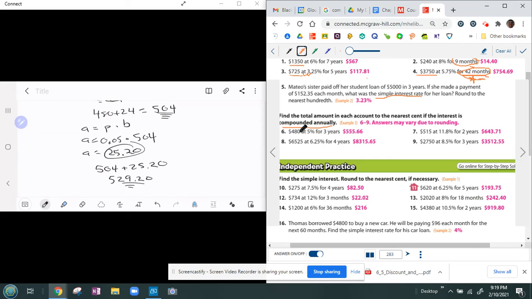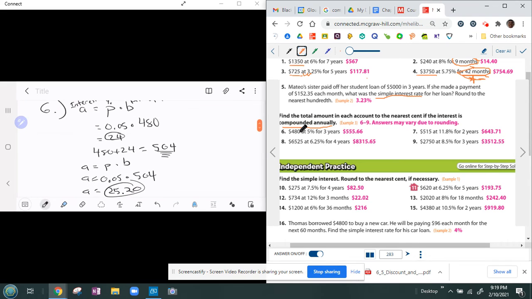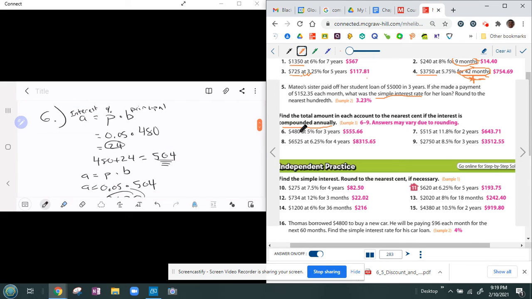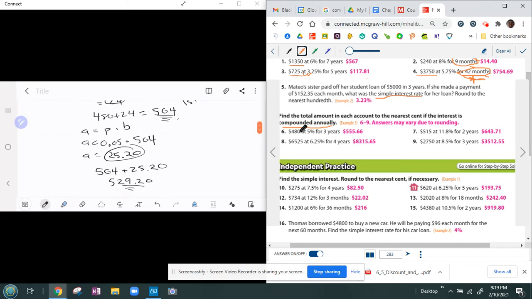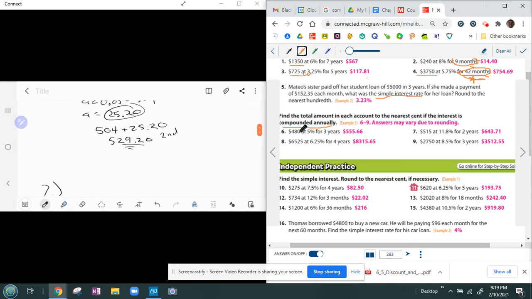Now we have a new interest amount. We have to do this for 3 years. So here's my first year, that's my second year, and now after my third year I have to do that same thing one more time. A equals P times B, and I'm going to find the 0.05 interest on the 529.20.